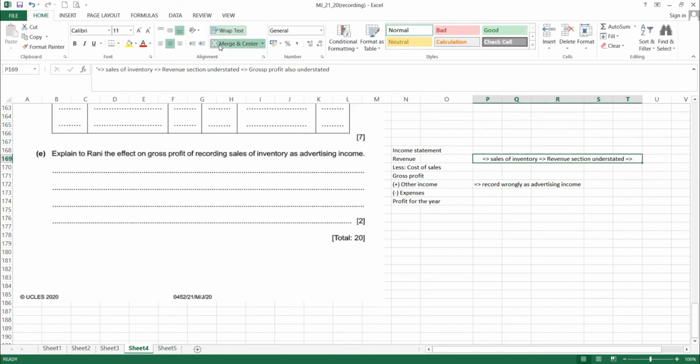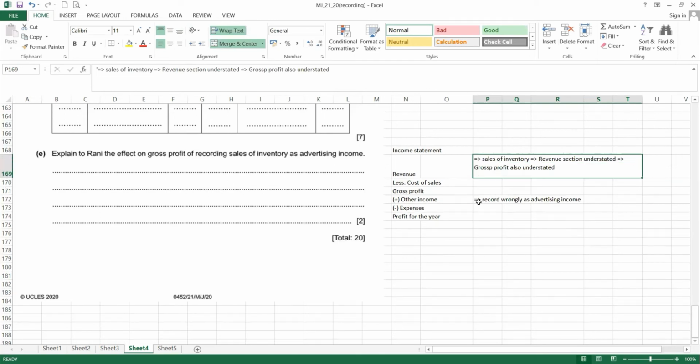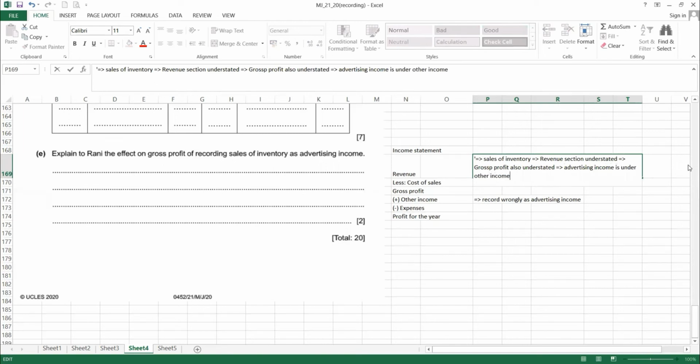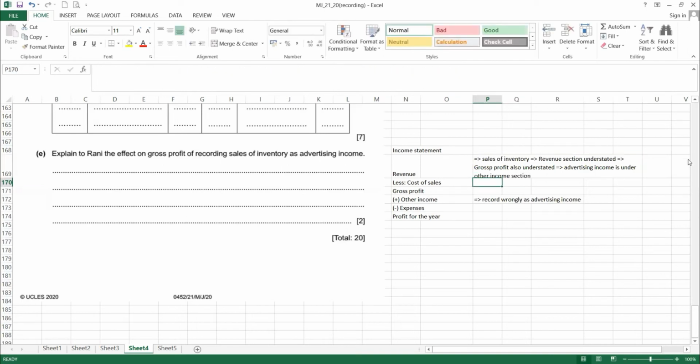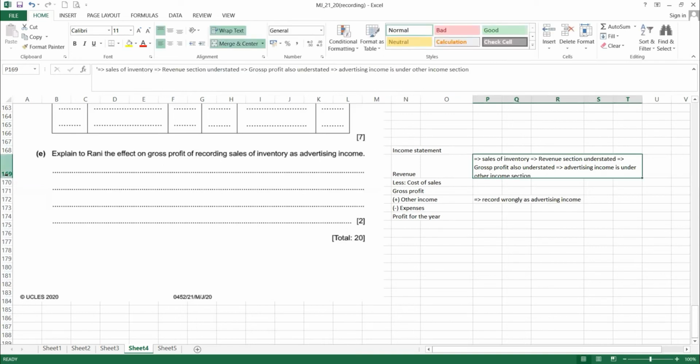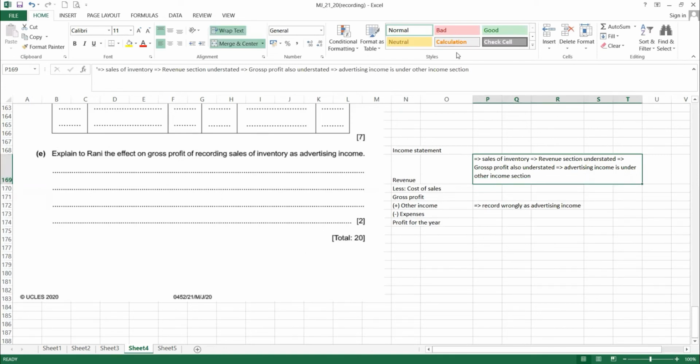It is understated because advertising income is under the other income section. So there is the reason that you can put in for part E. Okay, so this is for question number 4.